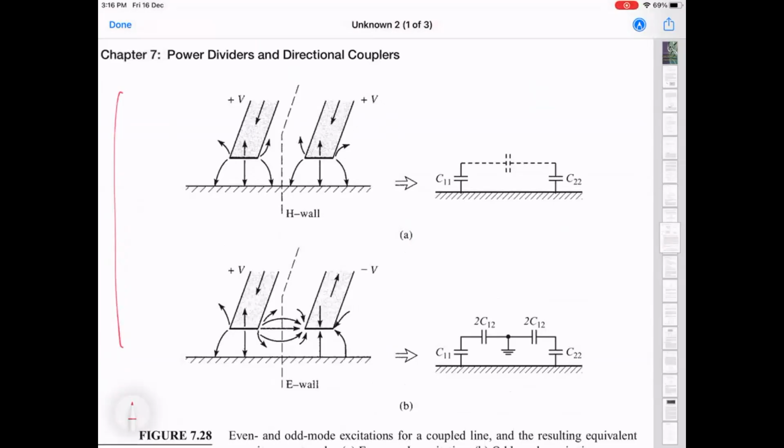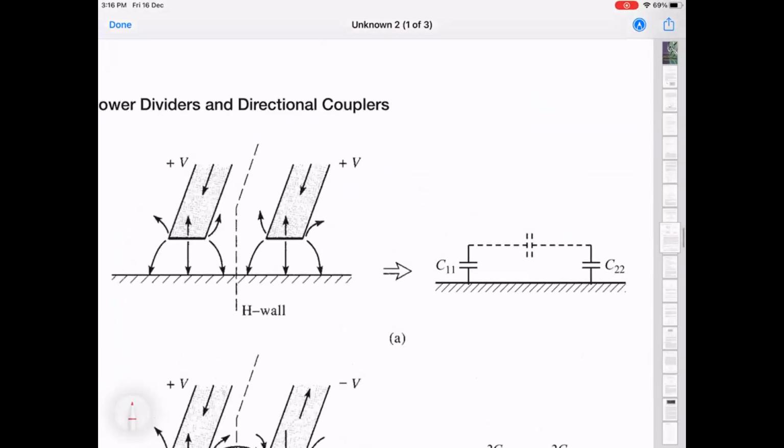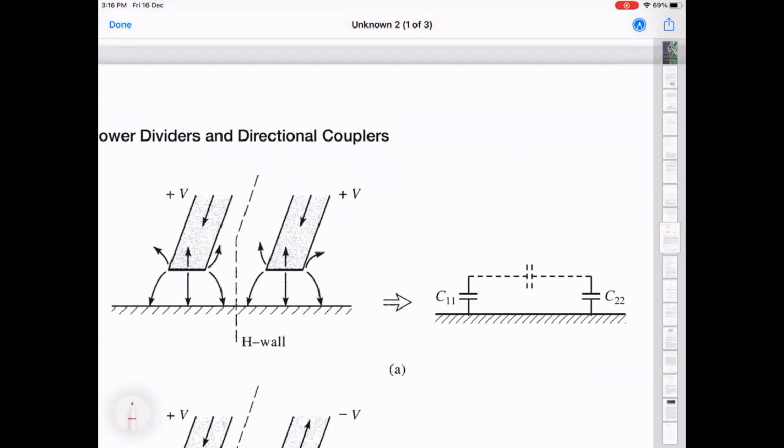And now using the symmetry of these modes, you can start simplifying some aspects of this circuit, right? So the top part of this graph, let me maybe zoom in here, is now talking about the even mode, where both have the same voltage on both parts of this coupled transmission line, which means that there is no current flowing across from one transmission line to the other because the voltage is always the same.